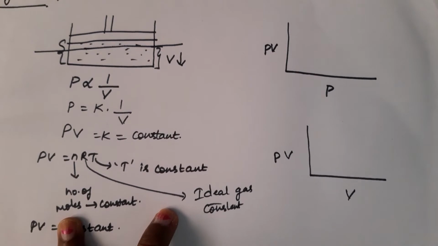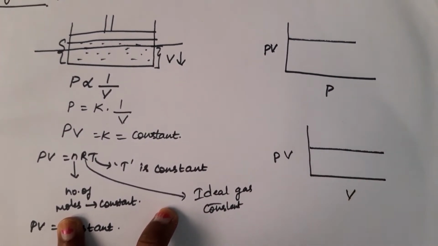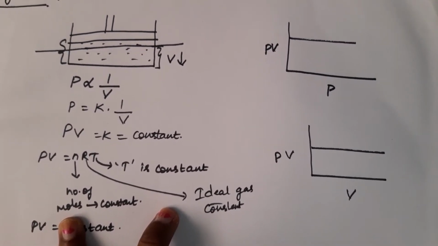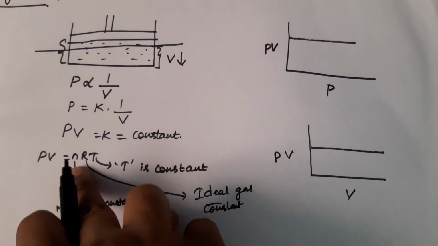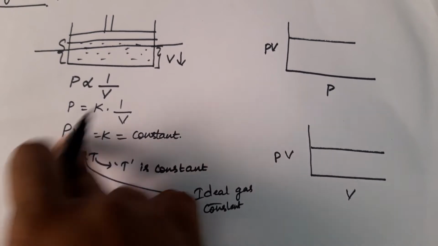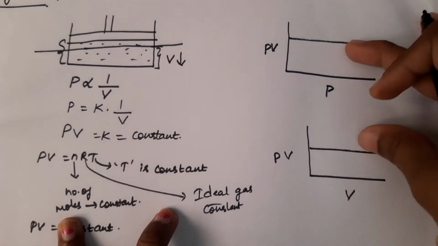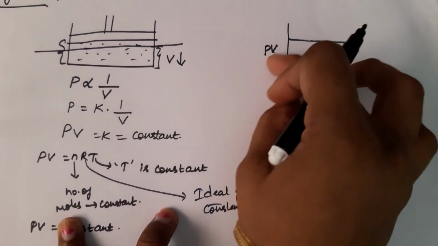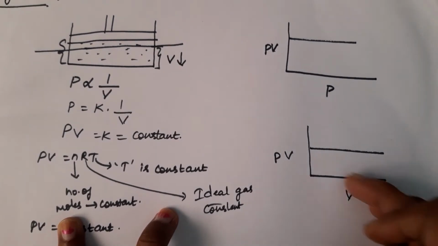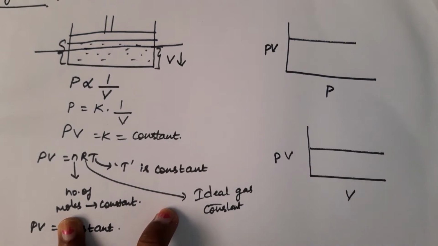So we get a line like this. Why? Because here the temperature, R and n values are constant. Whenever these are constant, then PV is also constant. A constant value means we get a line like this. So these graphs are important. Here PV is constant. Either if you take P or V on the x-axis, then we get a simple line like this. These are one of the graphs.